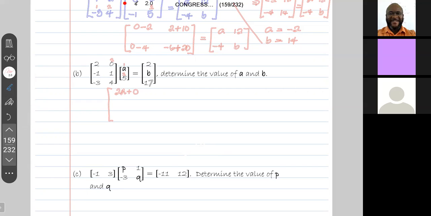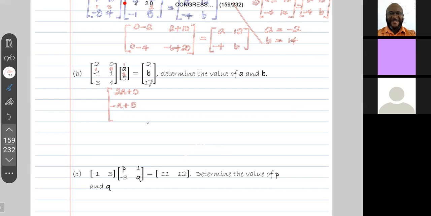Next, I'm going to multiply the middle row by the same column. So if I multiply the middle row by the column, I'm going to end up with the middle value. You're going to multiply the first element in the row by the first element in the column. So minus 1 times A is minus A, and 1 times 5 is 5.